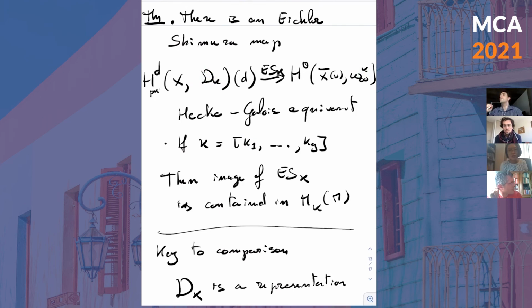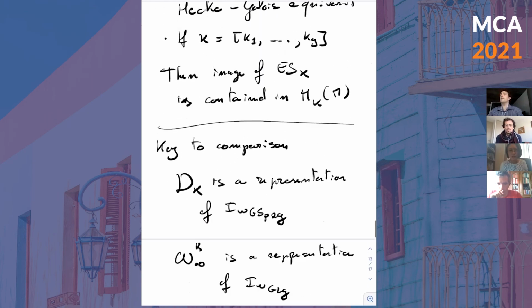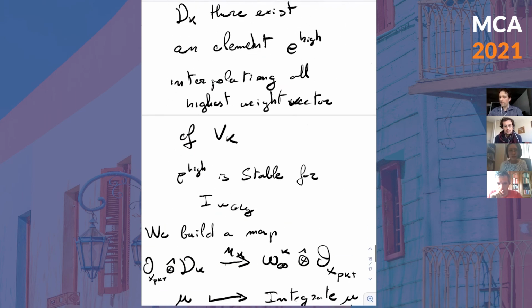Yeah, maybe I didn't understand exactly the question, but the point is that I'm projecting over this highest weight vector, which is algebraic. So when I consider this analytic distribution, and then I project against an algebraic vector, I get back the algebraic things.